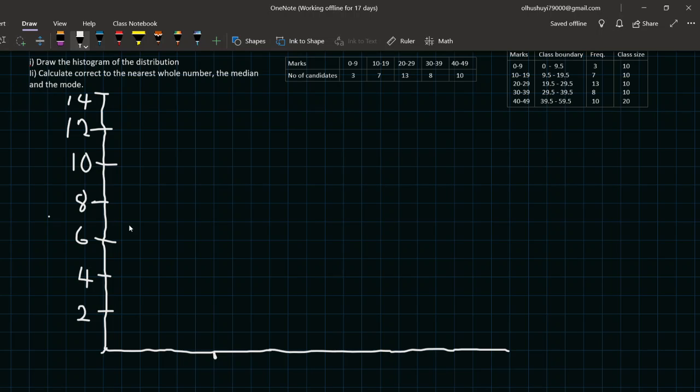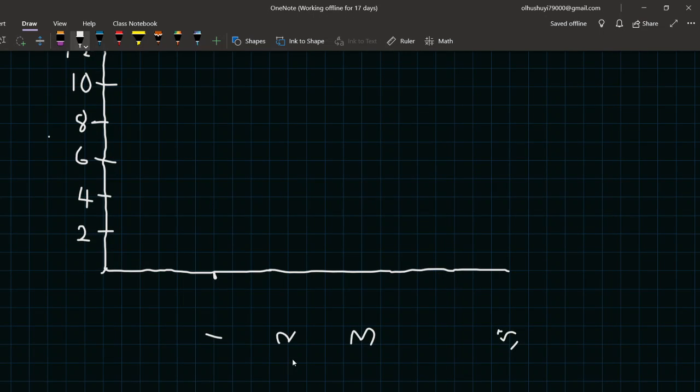So I have the first information 0 to 9.5. Okay, so I can do this here. I told you 5 centimeter representing 10 units, yes, for the x-axis.